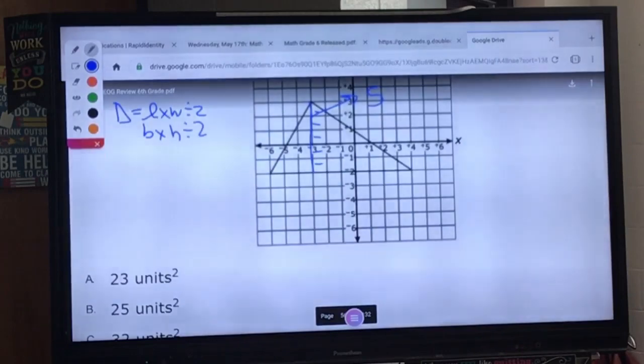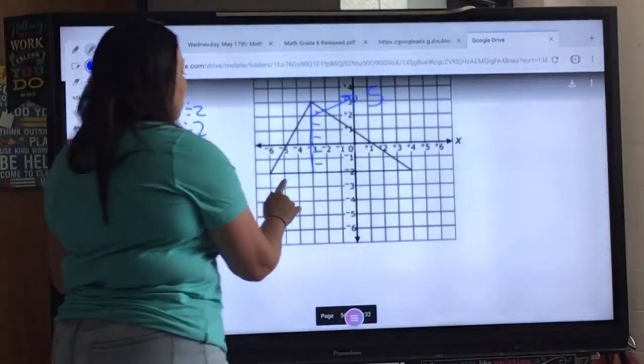Is it similar to what Zoe told us with having to possibly count? Do we have any magical numbers on there that are going to give us our base? Huh? We do? No. So then how do we find our base? You have to count. Y'all have got to pay attention.